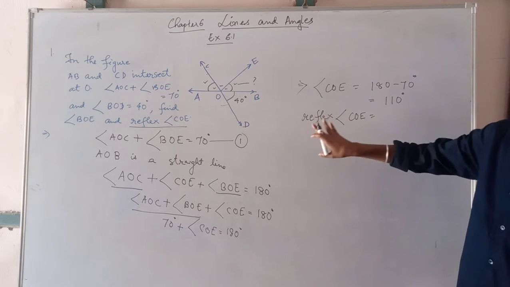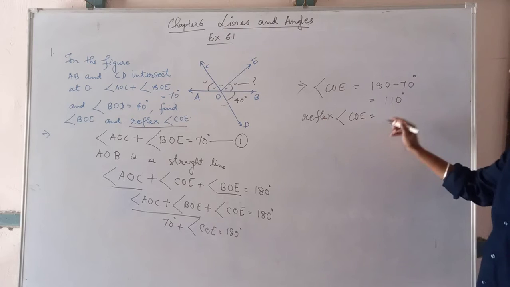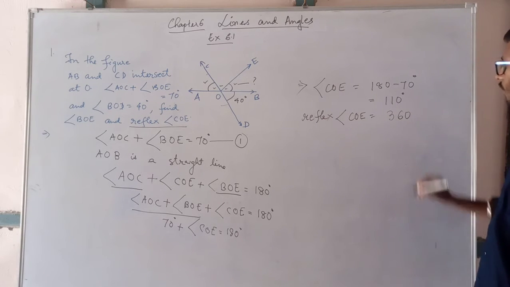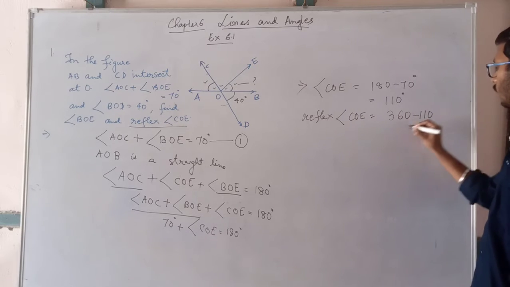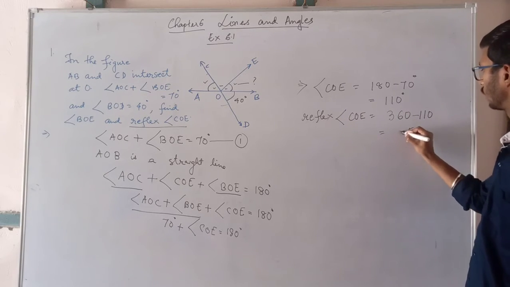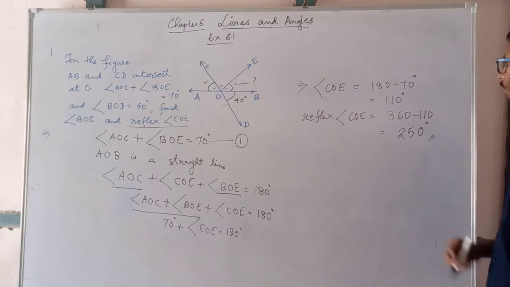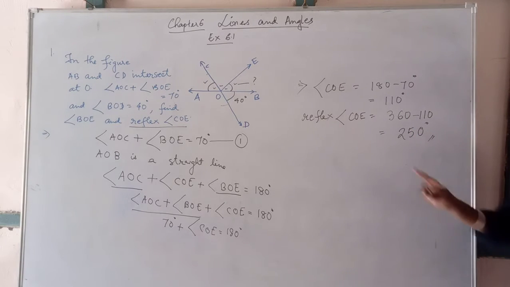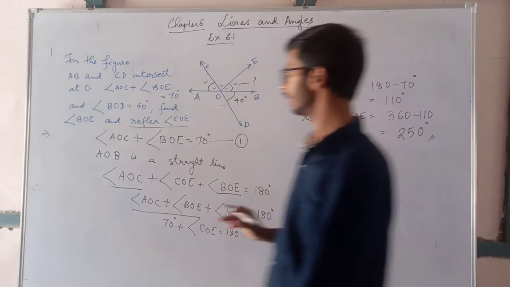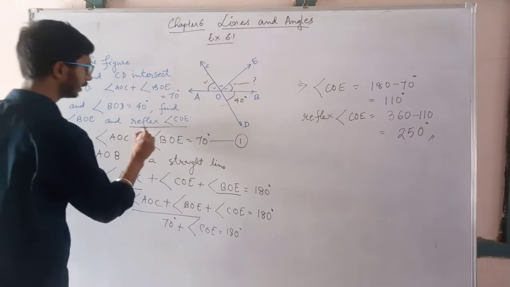But when the question is reflex of angle COE, it means we have to subtract from 360 degree. So if you subtract, you will get 250. So reflex angle COE is 250 degree. Okay. So we have got this value.